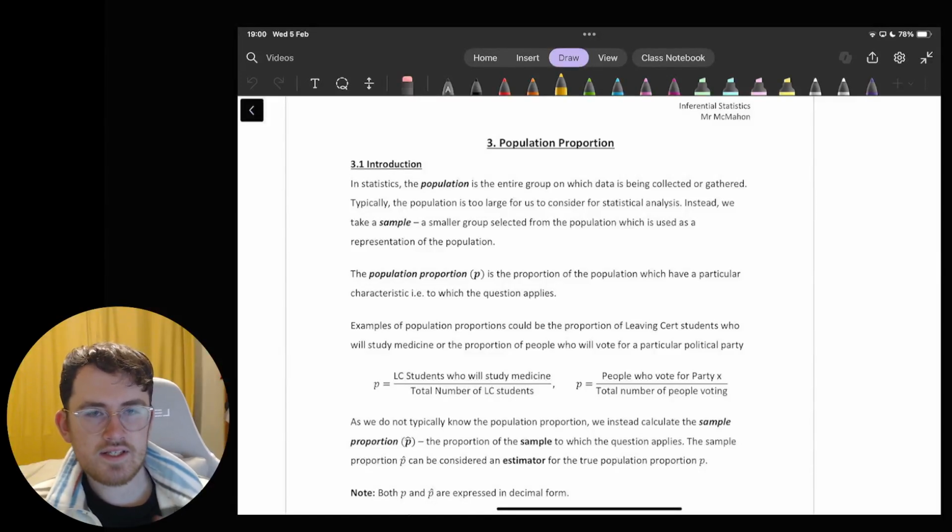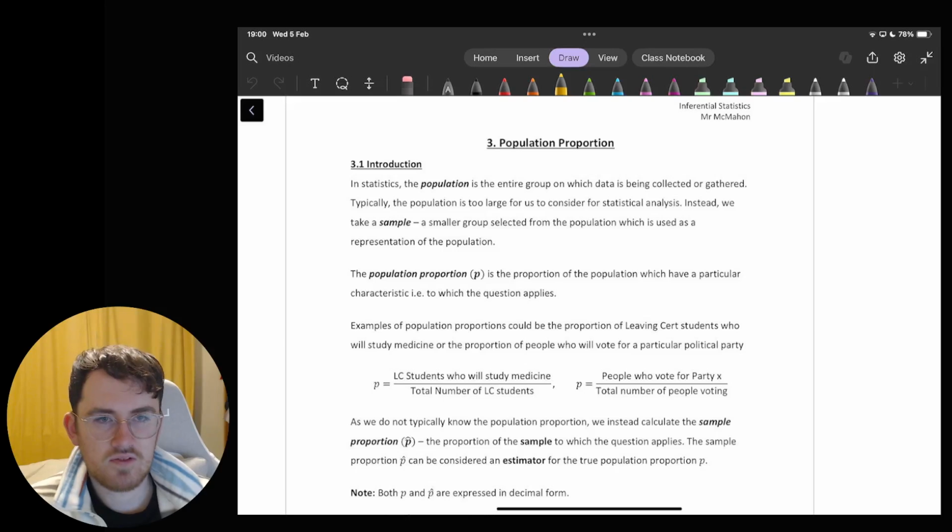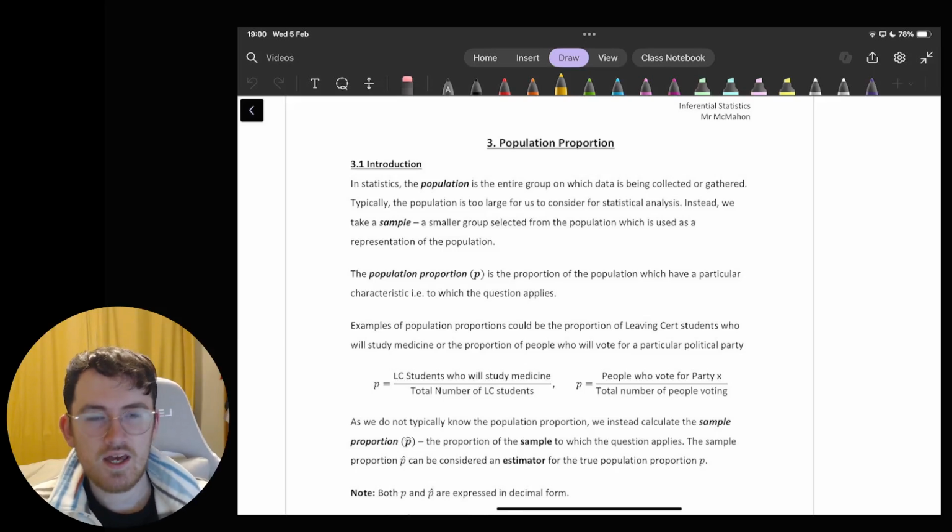Okay, so we're looking at statistics. We're going to look now at the two statistics that we will primarily be working with, particularly when it comes to what we call inferential statistics, where we're trying to infer some characteristics or values for particular types of statistics.